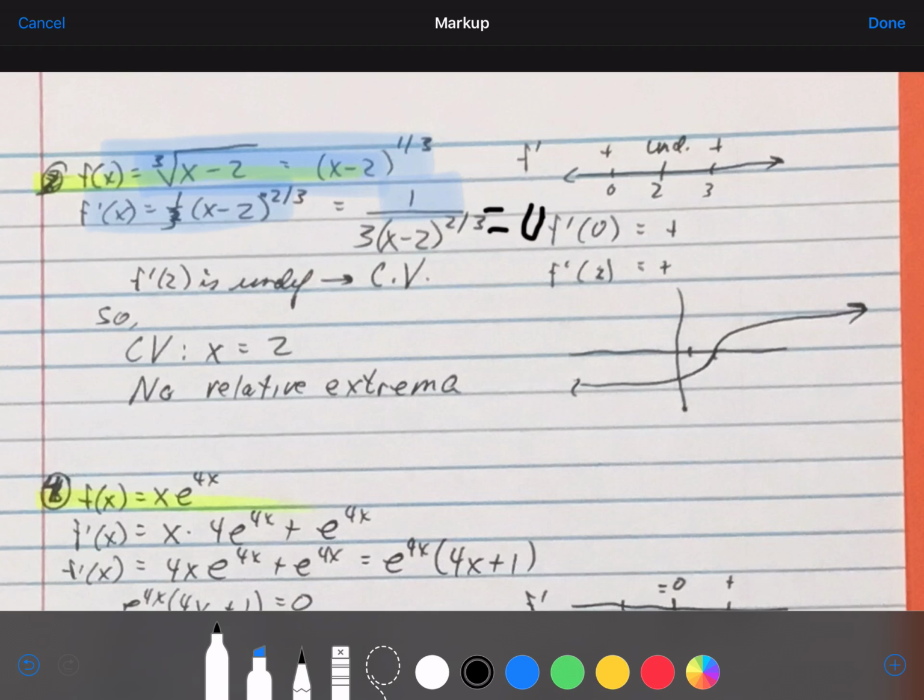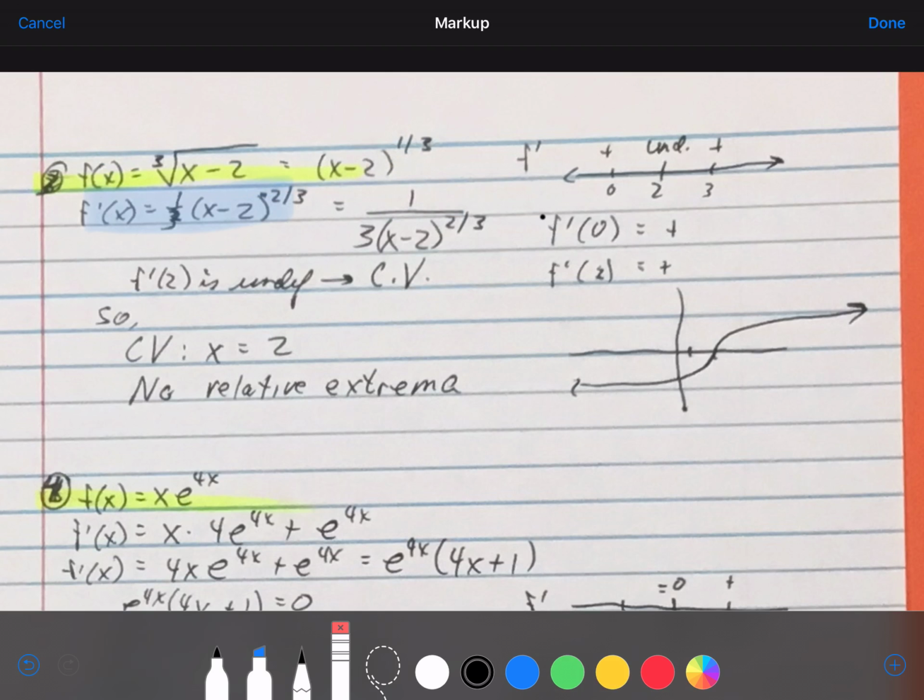Also think about it this way. If you have a fraction equal to 0, when is a fraction going to equal 0? Whenever the numerator equals 0. And since the numerator here of that derivative is just 1, that's never going to equal 0. So that's a couple of different ways that you can determine where the function is equal to 0 and where it is undefined.